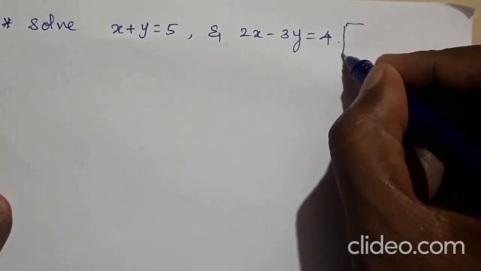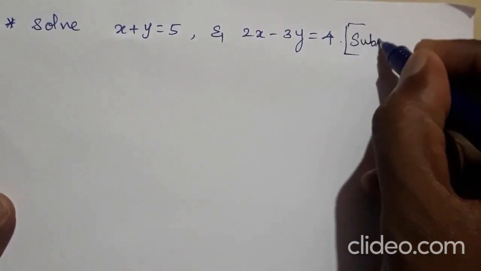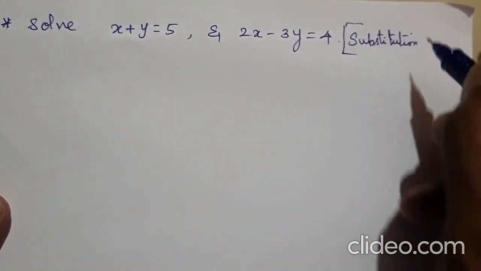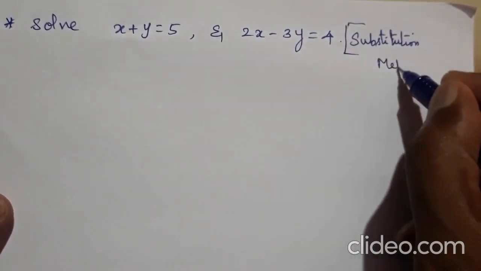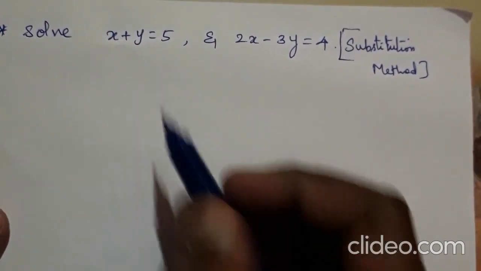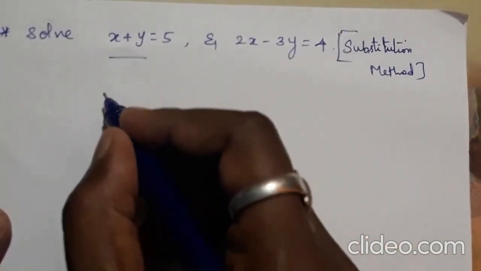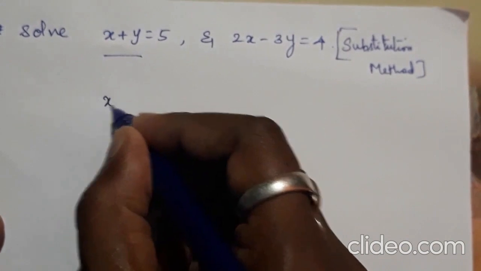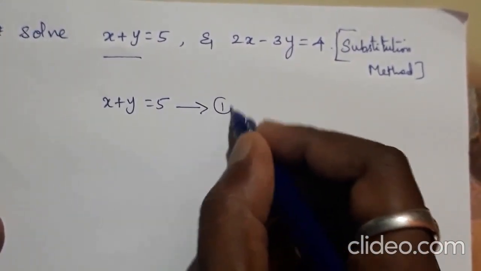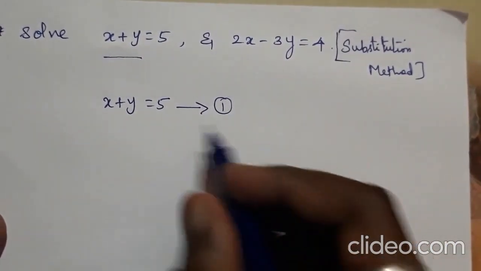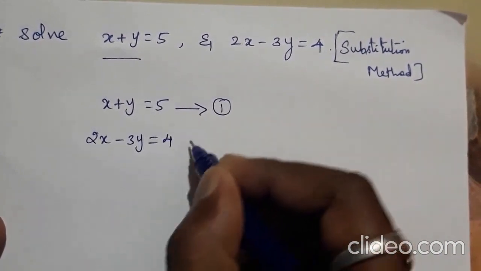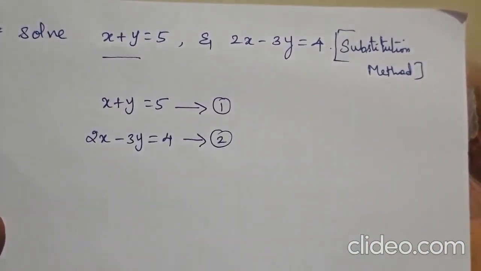So in the same way, first equation we can take it as equation 1. So x plus y is equal to 5. This equation 1. Second one, 2x minus 3y is equal to 4. This equation 2.